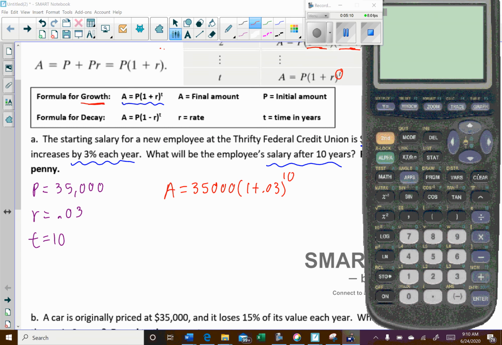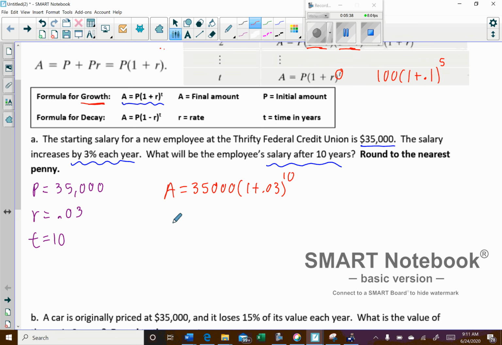So 35,000, and then 1 plus 0.03, which would be 1.03. I add that together, and then I raise it to a power of 10. After 10 years, your salary would be about $47,037.07.